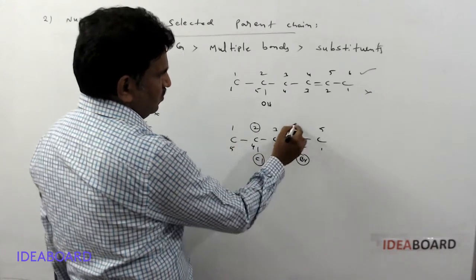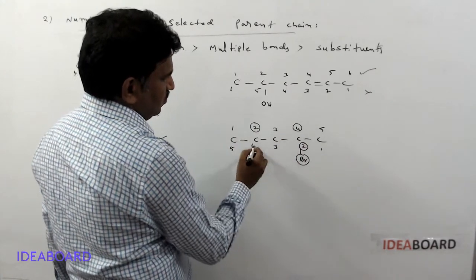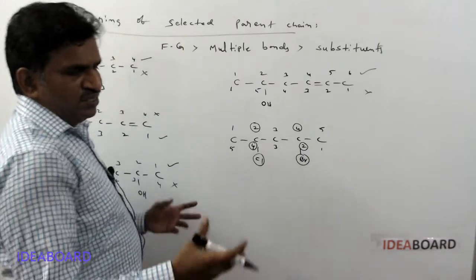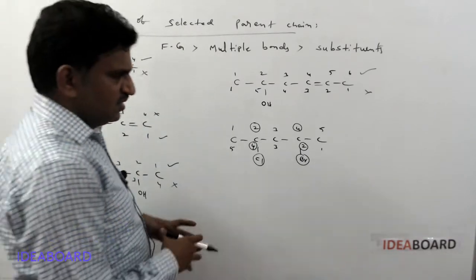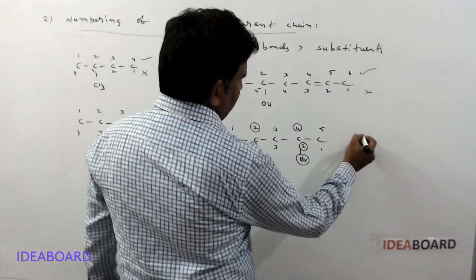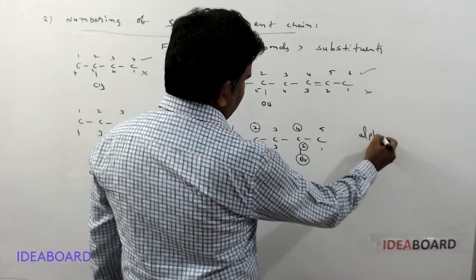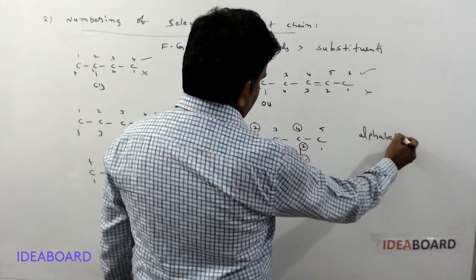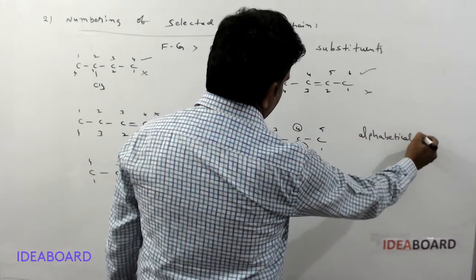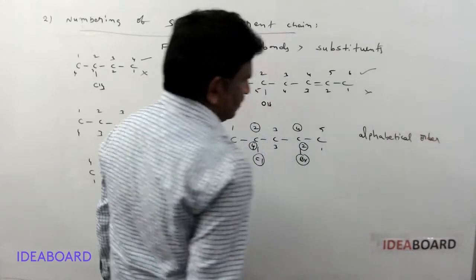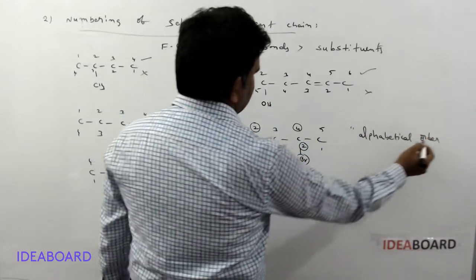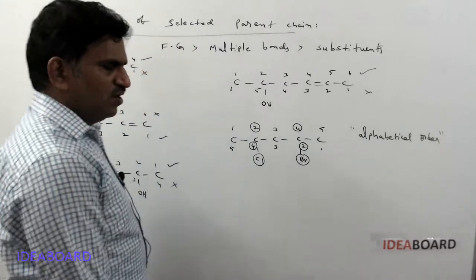So 2 and 4, and this is also 2 and 4. They are at the same positions from the opposite ends. Then give priority to alphabetical order. The alphabetical order is followed when this type of symmetric structure is present.